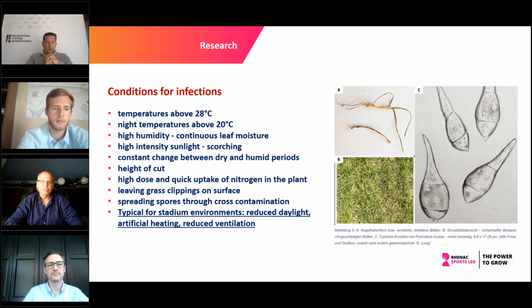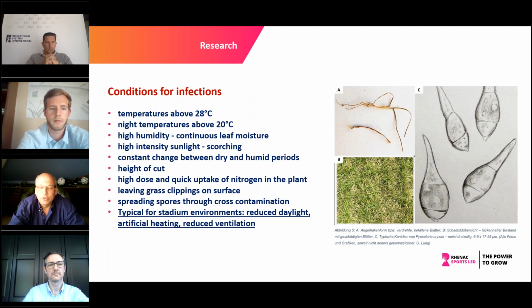So you're looking more at May, June time that it starts. It's favorable with high humidity and continuous leaf moisture. That's why most greenkeepers sweep their greens every day, to get the leaf moisture off. And I can see that more and more in stadiums and training grounds as well. Leaf sweeping, a good method.